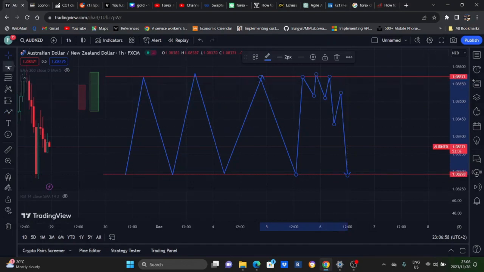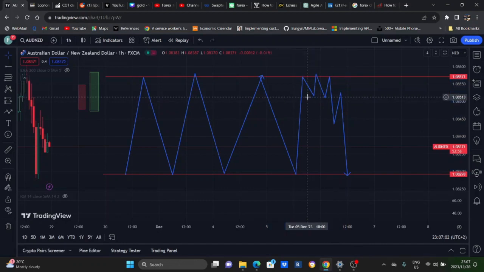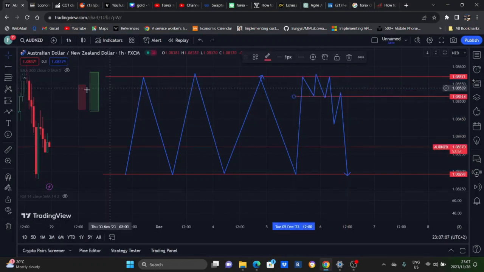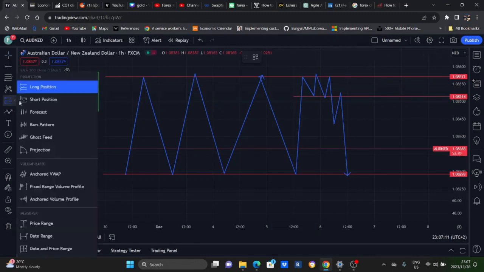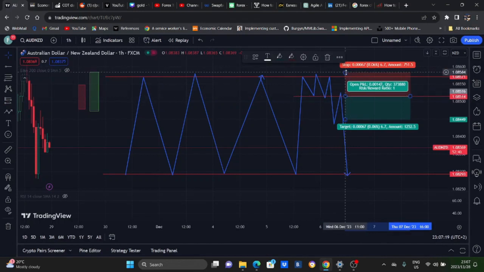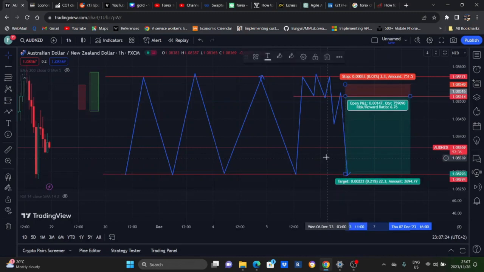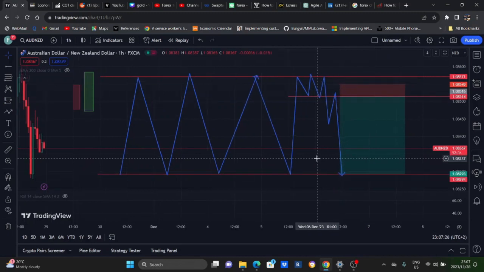Then what do those traders do? They come here, draw the little line, and when it comes back on the retest, that's what they call it, the retest. It turns this into a resistance. They put the stop loss behind the retest line, and then boom, there's their TP.